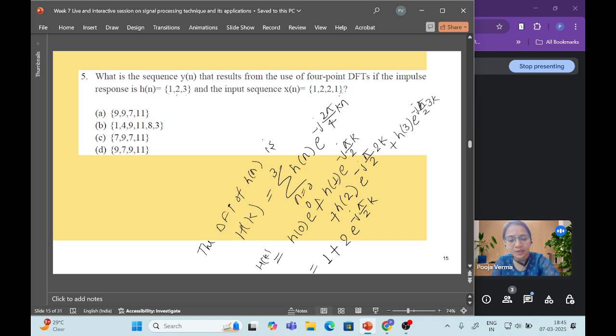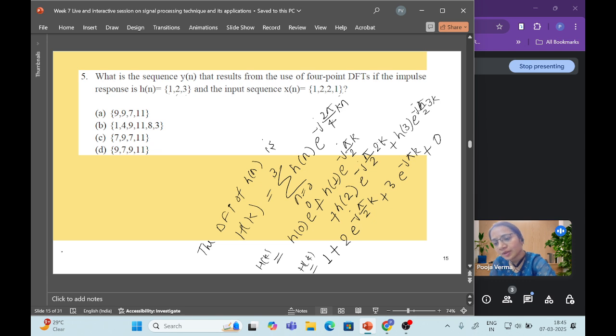K values we will calculate one by one. Okay. Plus h of 2 is 3, so 3 e to the power minus j pi k, because 2 and 2 will be cancelled out here. Okay. Plus h of 3 is nothing, so it is 0. So this value we have got, H of k is equal to this one.